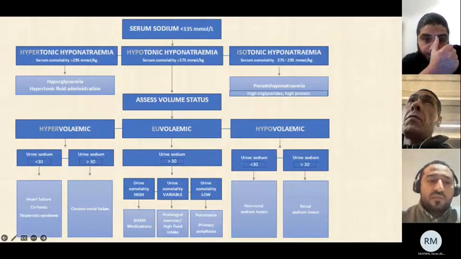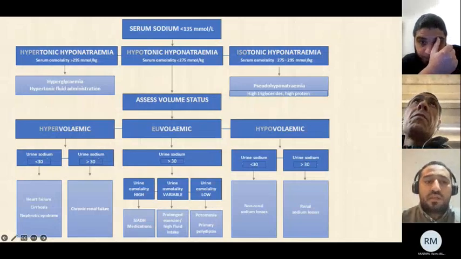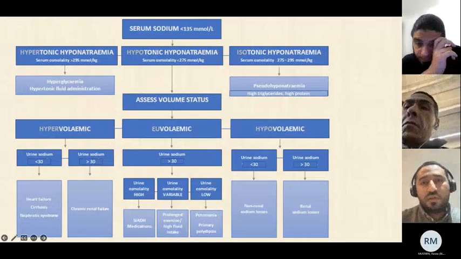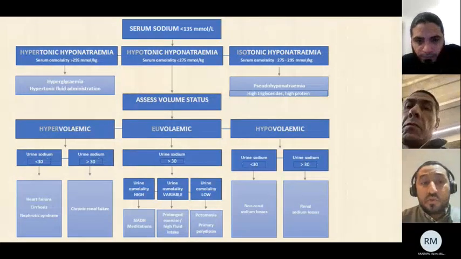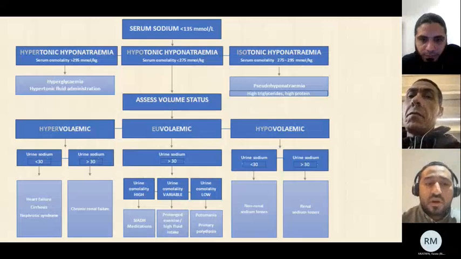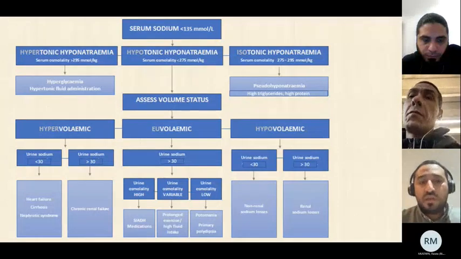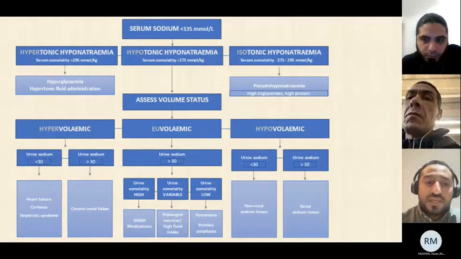In hypervolemic, if the urine sodium is less than 30, this means the kidney is not losing sodium in urine. And this can happen in patients with heart failure, liver cirrhosis, or nephrotic syndrome. Or the urine sodium will be more than 30, which means the patient is actually losing sodium in his urine. And this is usually due to chronic kidney disease.